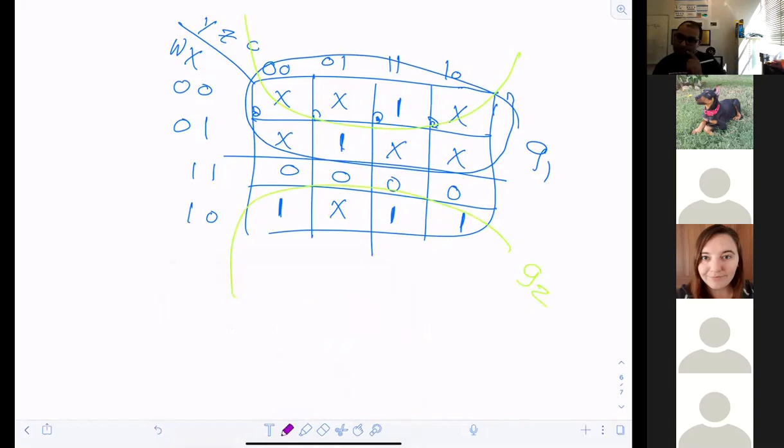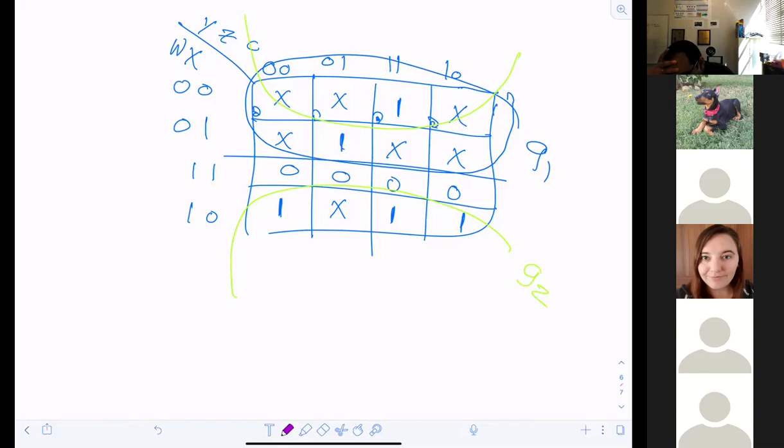Could you make it so that it's XNOR on the top? Yeah, if you put 1 on the 0, 0, it would be 1, 0, 1, 0, and the second row will be 0, 1, 0, 1.